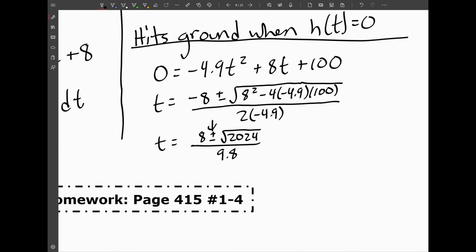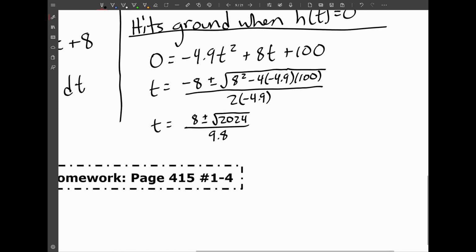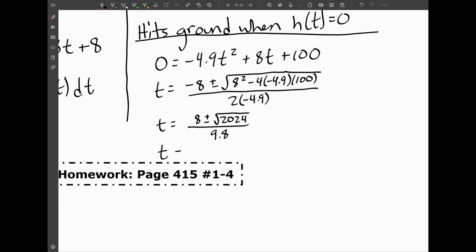Yes, technically I have to cancel a negative here too, but plus or minus divided by negative is also plus or minus, so I don't have to change that one. And that gives me two values of t, again, if I want to be lame and use a calculator, negative 3.8 and 5.4. Again, we can reject the negative time.